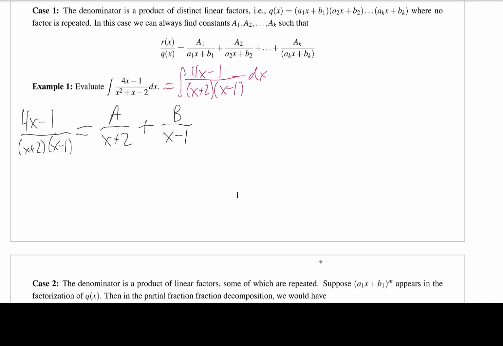Now I'm going to multiply by the denominator on both sides.